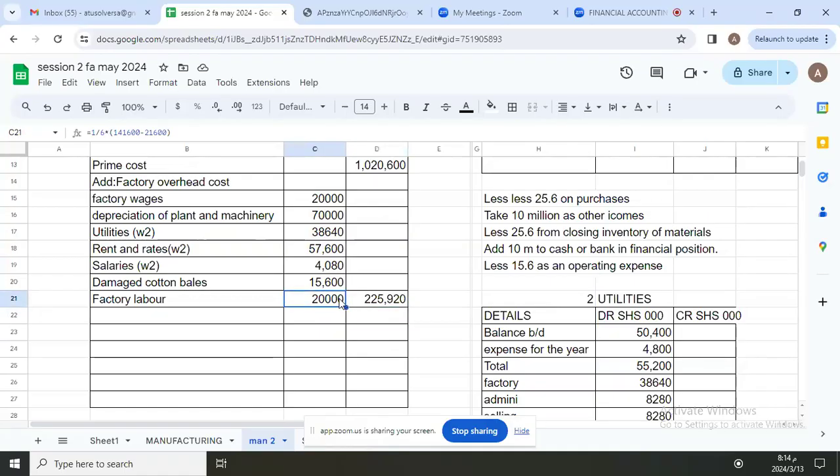When we get 141,600 minus 21,600, you get how much? I get 120,000.